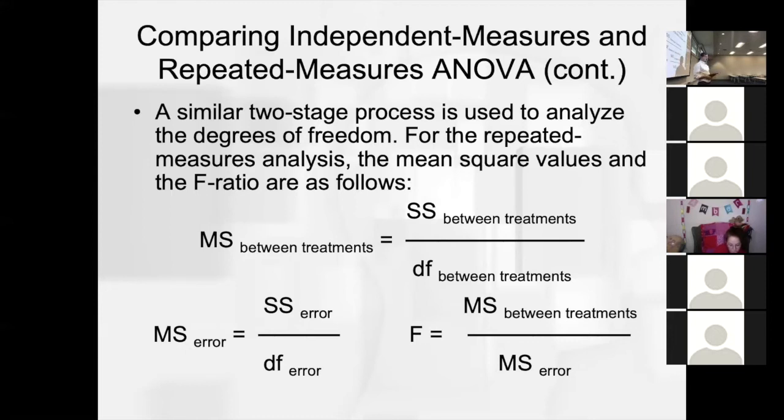To get the mean squares error, we take the sum of squares error and divide it by the degrees of freedom error. And now our F ratio is that mean squares between treatments divided by that mean squares error.